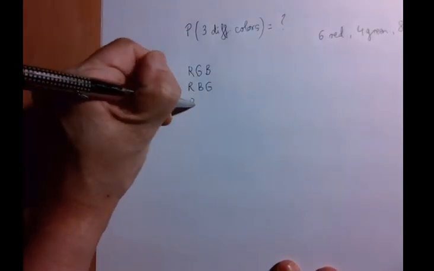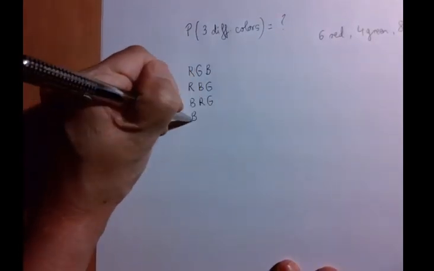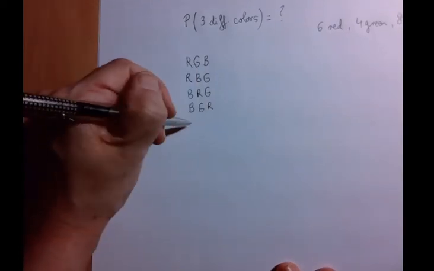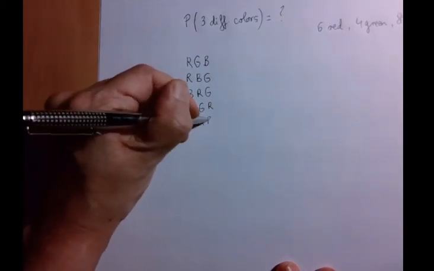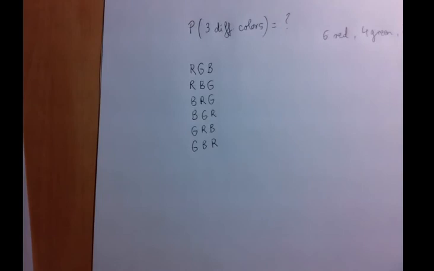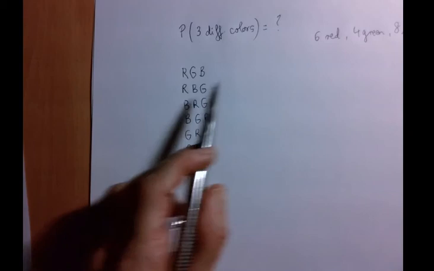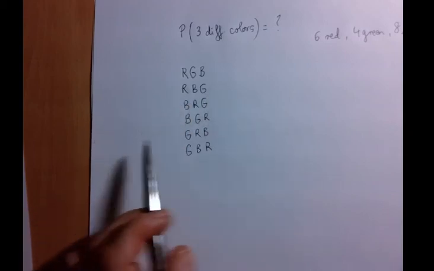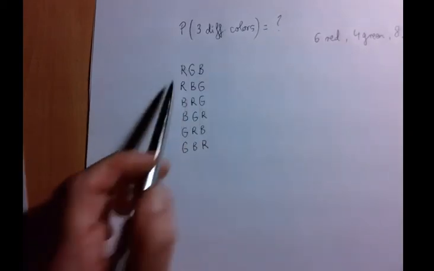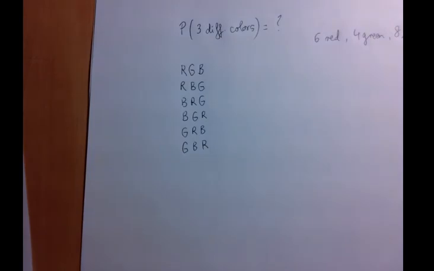So let's see, blue, red, green, blue, green, red, and then green, red, blue, green, blue, red. Looks like it's a lot of work, but you will see that luckily these chains have the same probability, so we can just compute 1 and multiply it by 6. And that's going to be the case in case of replacement and no replacement.